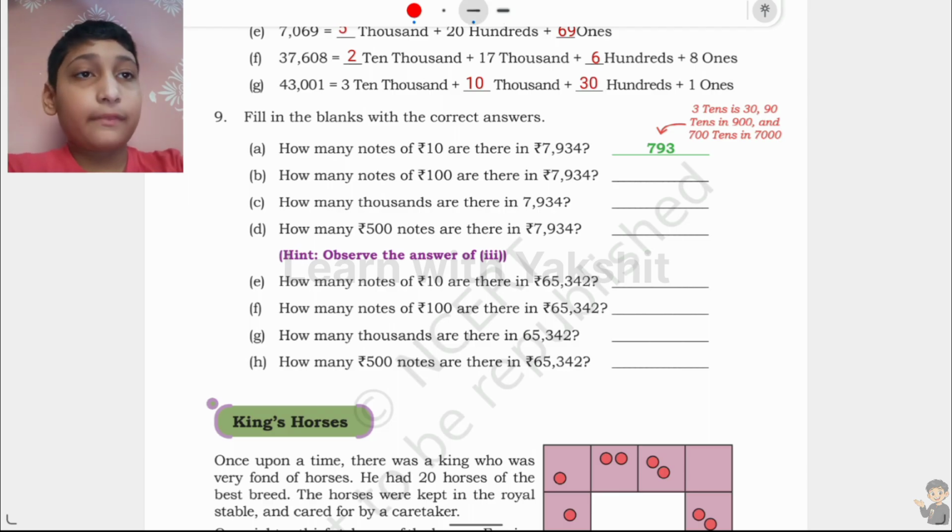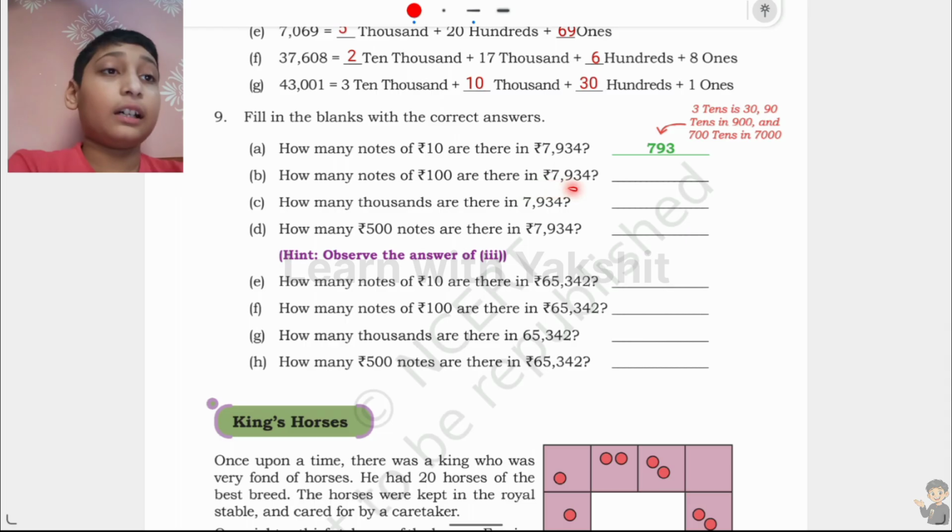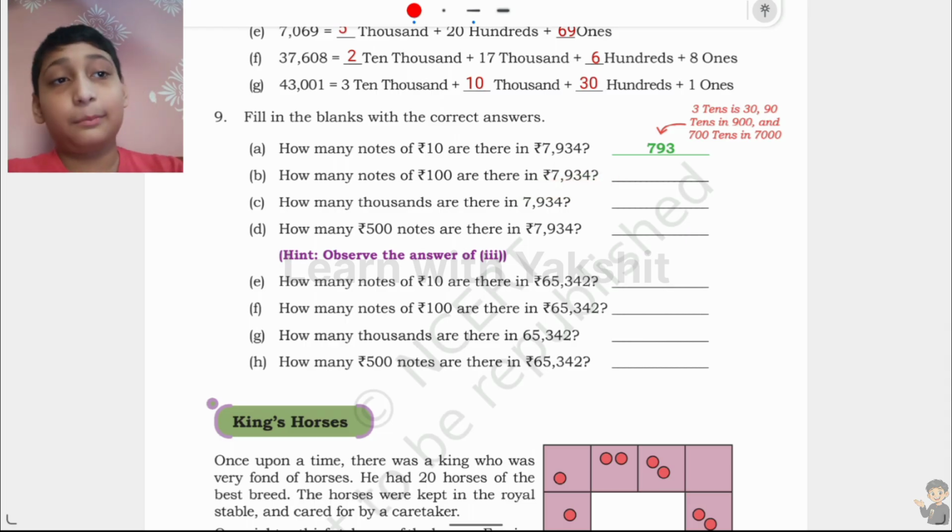Next one is how many notes of 100 there are in that exact same number. Now we have to cut the ones behind it, meaning there is 79.